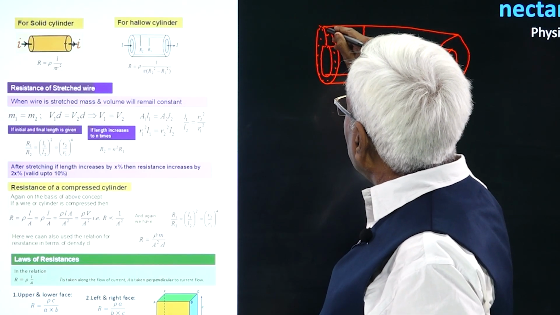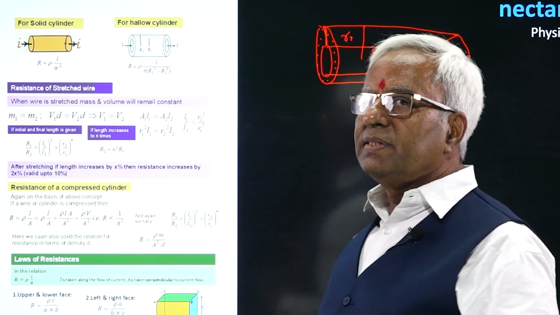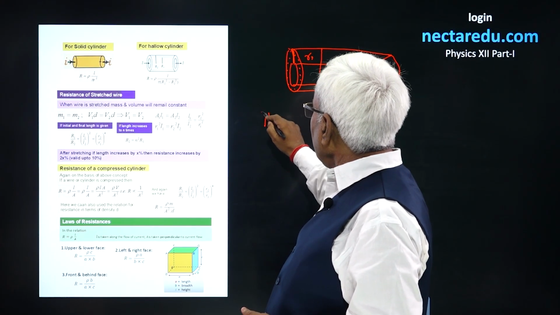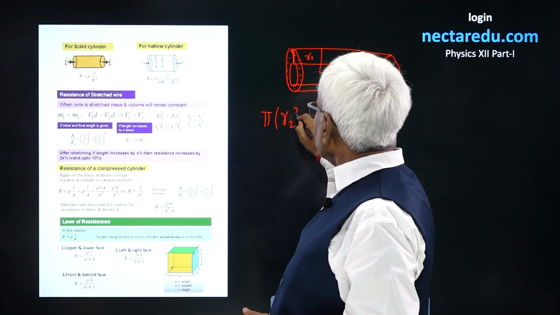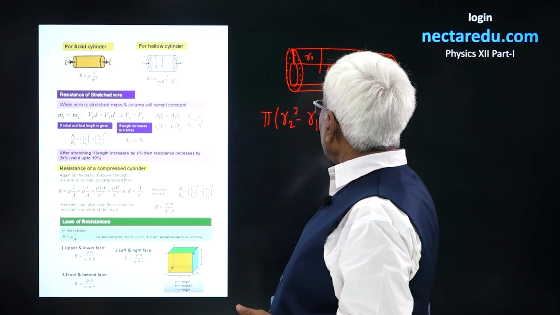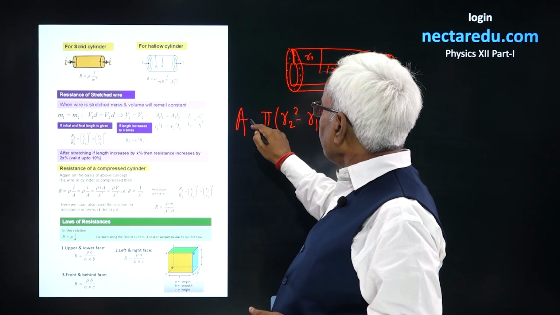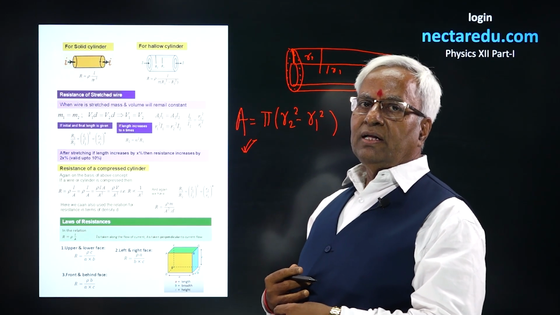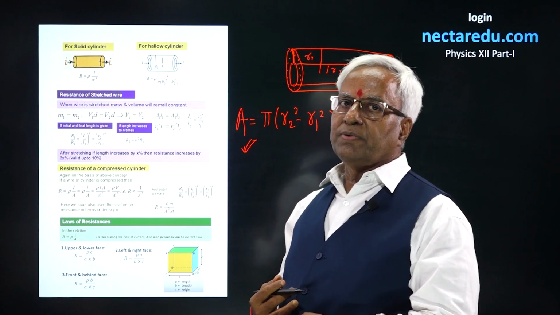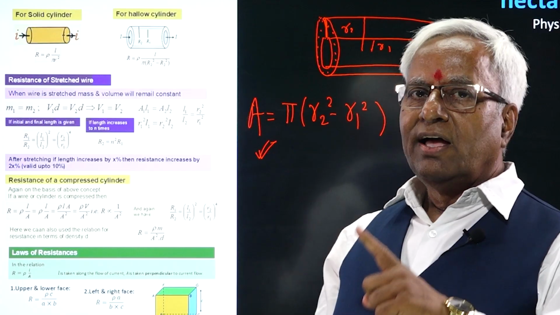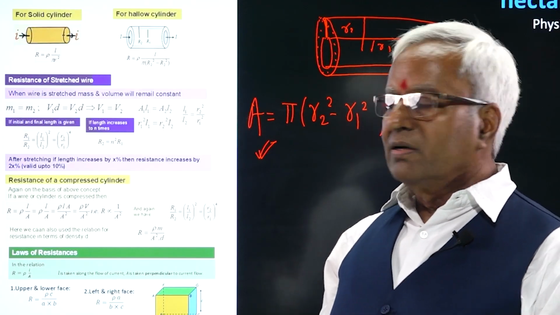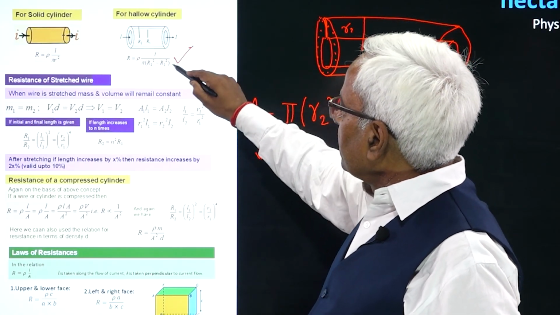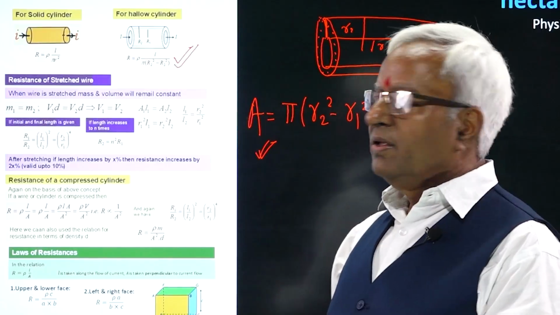This is the portion filled with the material. So effective area here would be pi (R2 square minus R1 square). In place of area, you write this formula. Then obviously the resistance will be given by rho L upon this value, and the formula becomes this one.